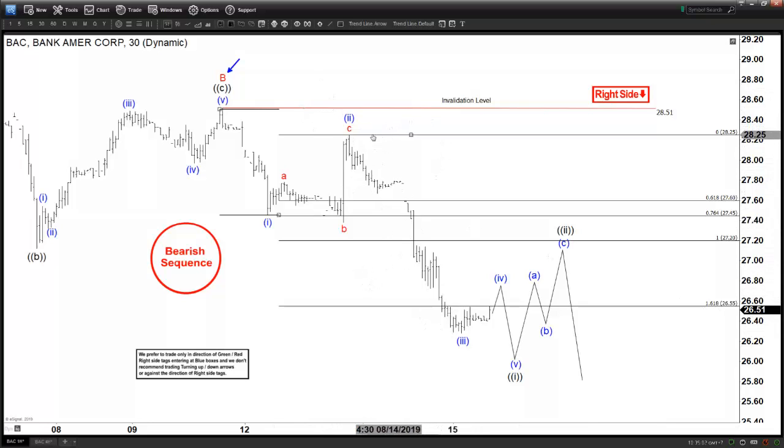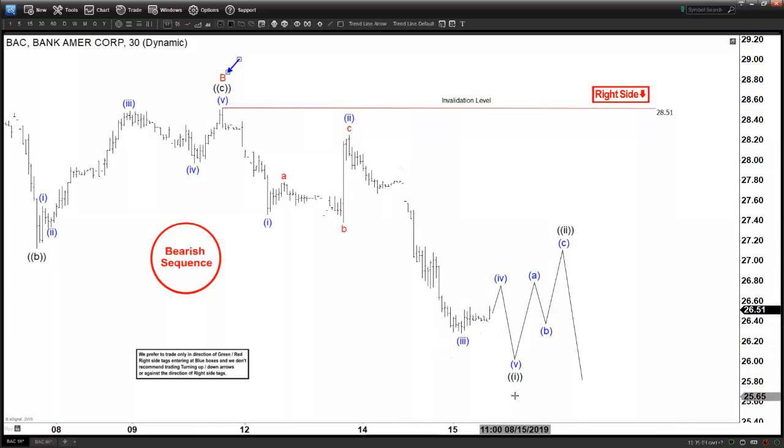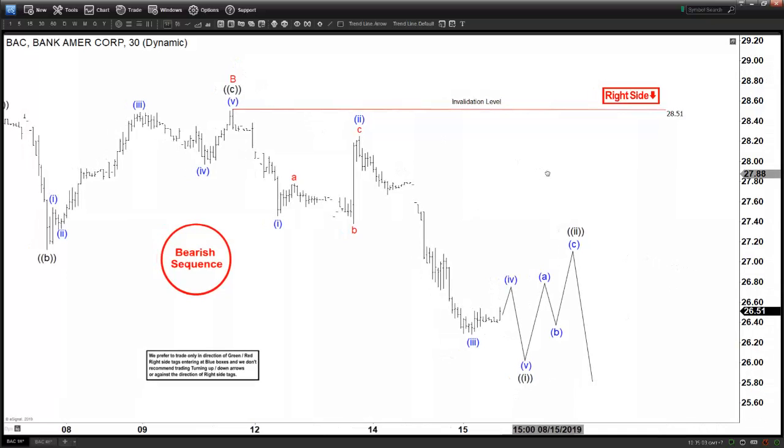Alright, so now we have this 1, 2, 3, 4, 5, and then now we should be looking at for the downside. So we end the wave 3 in the blue here, so another leg lower, marginal low is a possibility, after which then we can end the 5 ways down and then do a wave 2 bounce to correct this 5 ways down. Then after that we should be extending lower again.